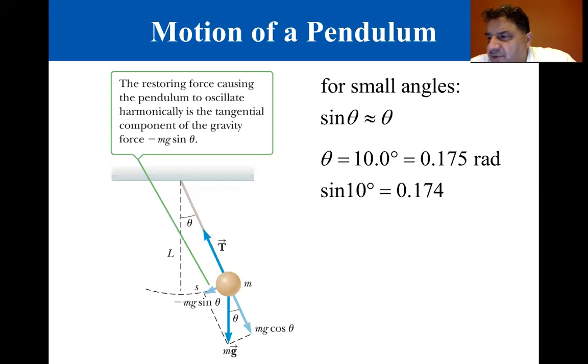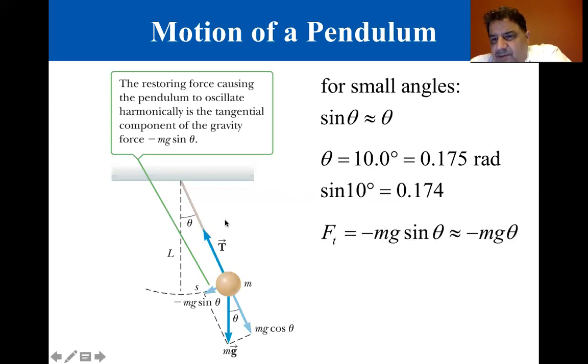That means if we restrict the motion to small angles, our approximation that sine theta is about equal to theta is valid, and the restoring force can be written as shown here. F sub t is approximately minus mg theta. Substituting the expression of k for a pendulum, which is mg over L, we get this result.